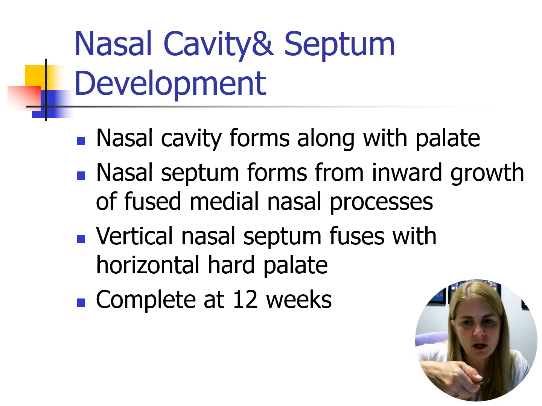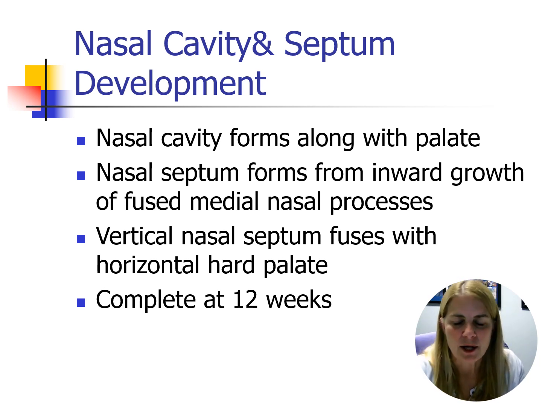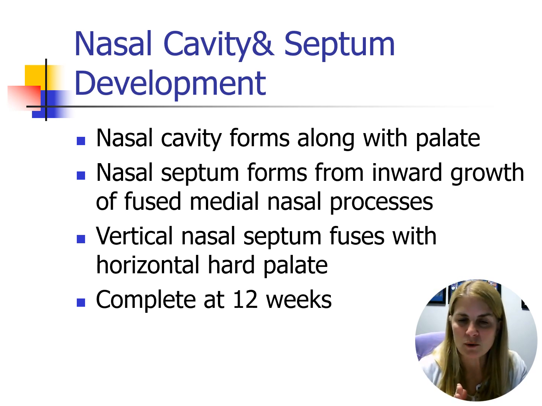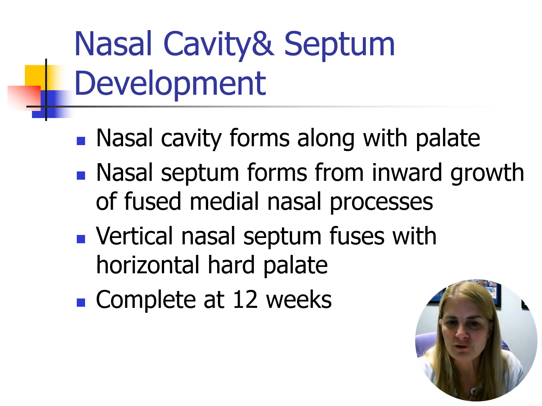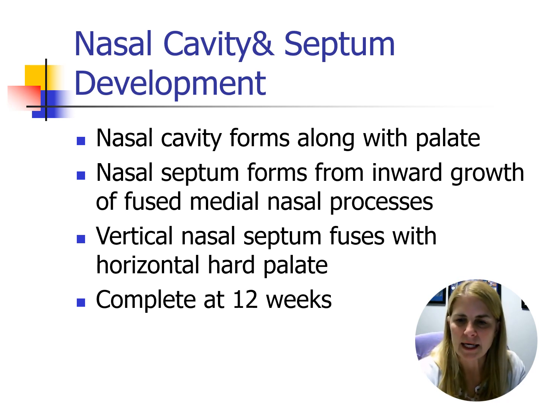So we've got that little intermaxillary segment that tucks up underneath from the medial nasal processes, but it's going to continue to grow inward as well to form the vertical nasal septum, and that's going to fuse with the horizontal hard palate, and that's going to be complete at 12 weeks.